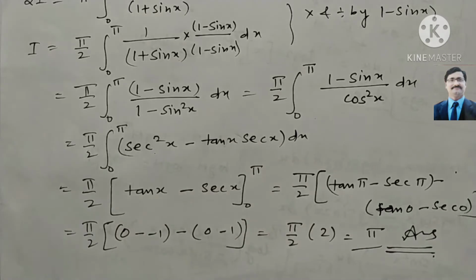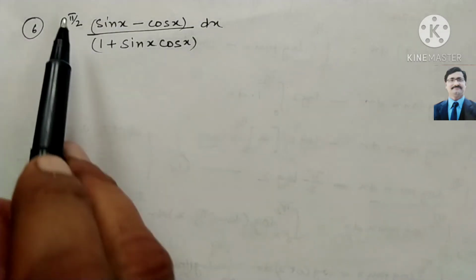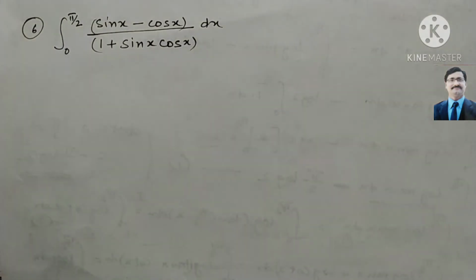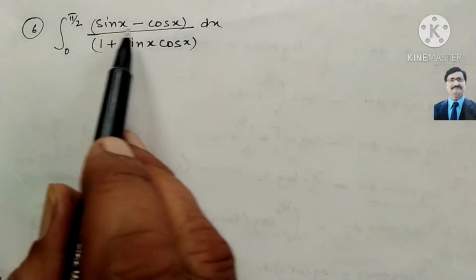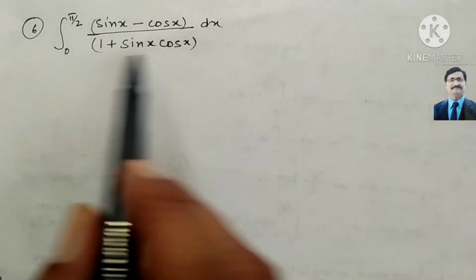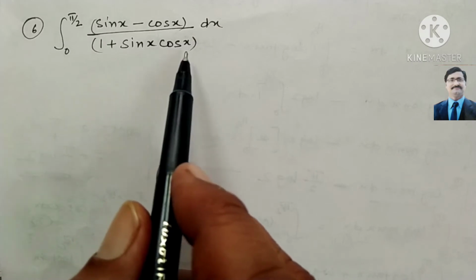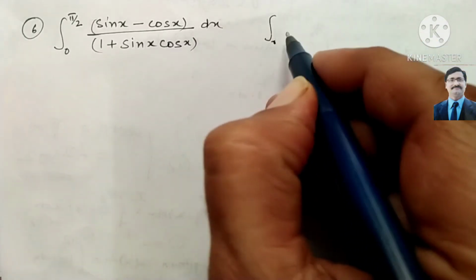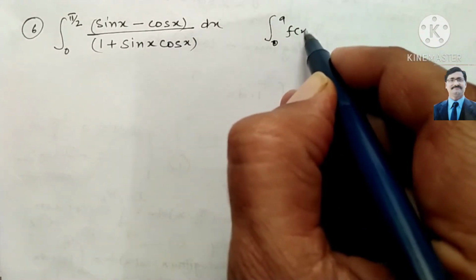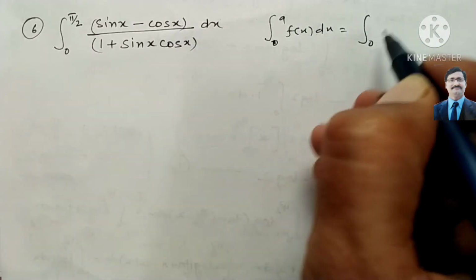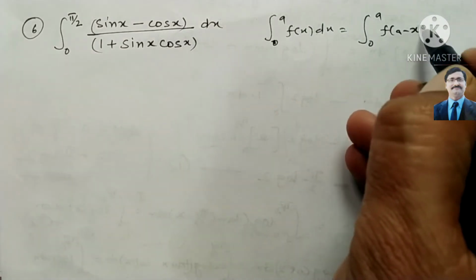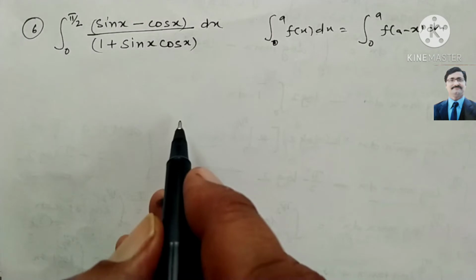All of you understand this? Look at this question: 0 to pi by 2, sin x minus cos x dx upon 1 plus sin x cos x. Here also we will use the same formula: integral 0 to a of f(x) dx equals integral 0 to a of f(a minus x) dx. This formula we will use again.